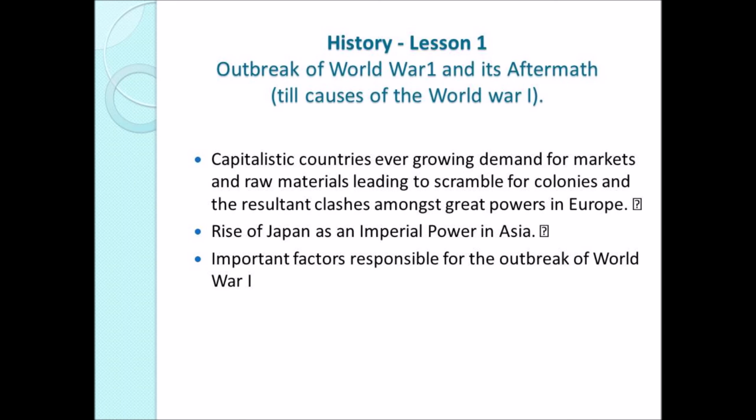They started to search for colonies to sell their manufactured goods, and slowly they took control over those countries. Okay, and we studied about the rise of Japan as an imperial power in Asia, and we discussed the important factors which led to the start of the First World War.